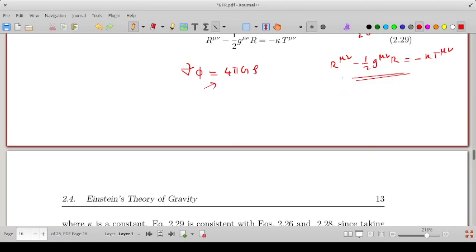Before proceeding further, we also note that using the metric tensor we can lower the indices of these tensors.